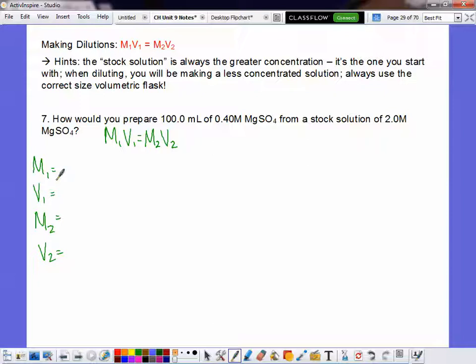What will be my M1? We're going to use the higher concentration, so that'd be 2.0. And remember that M stands for molarity. So what would be my M2? Yep, the 0.4.